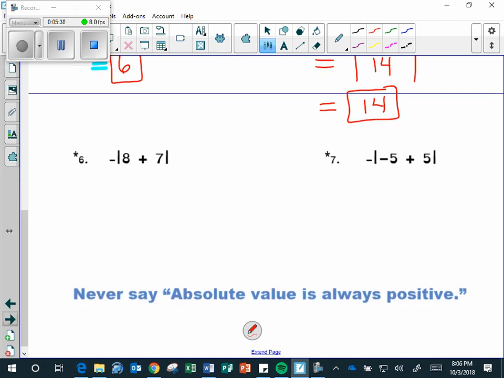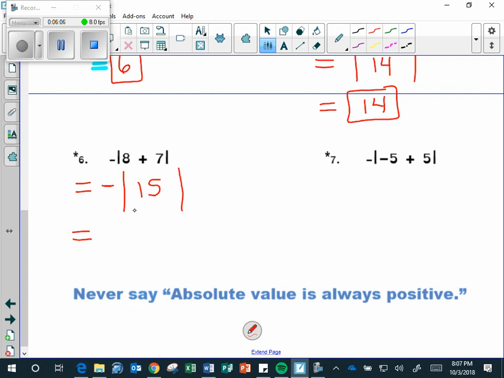Got a couple more here. If we work what's inside first, notice I have a minus sign outside of the bars this time. So just bring that down, work on what's inside, just like they were parentheses. 8 plus 7, that's 15. Now we want to take the opposite of the absolute value of 15.